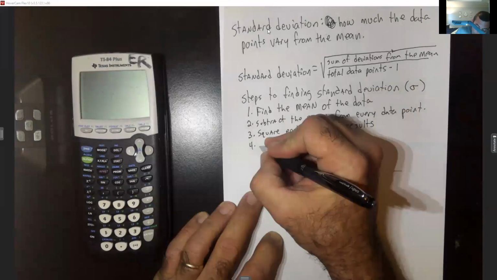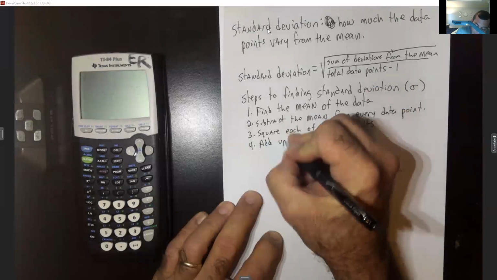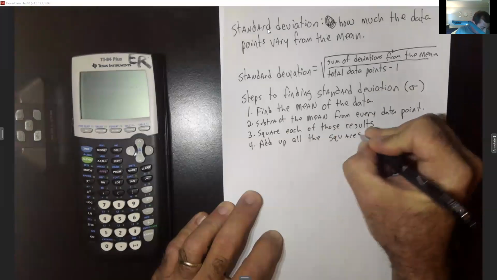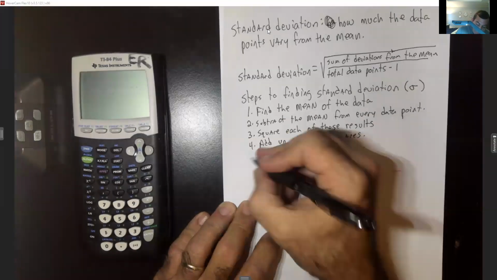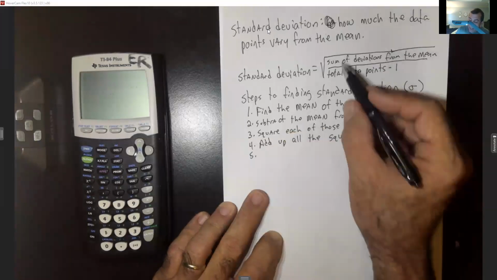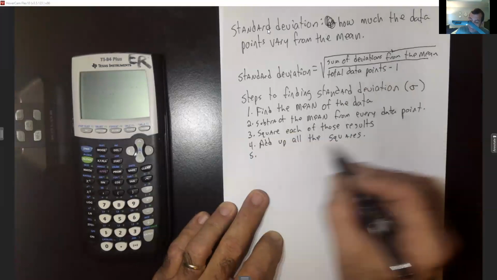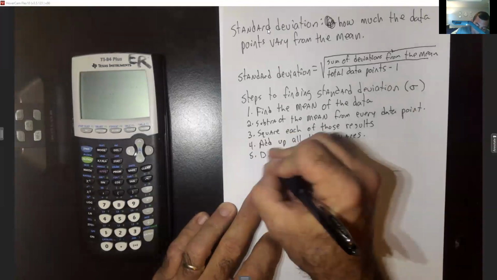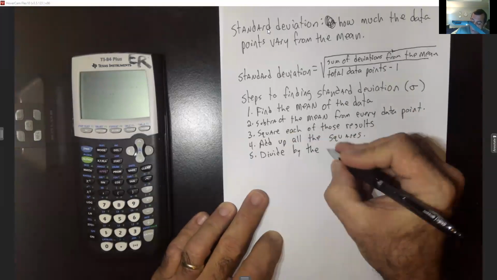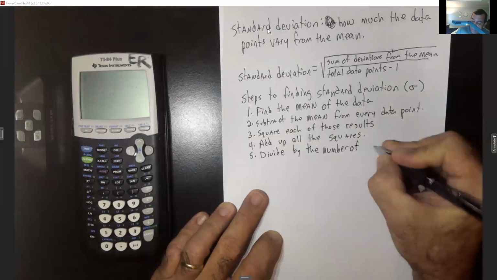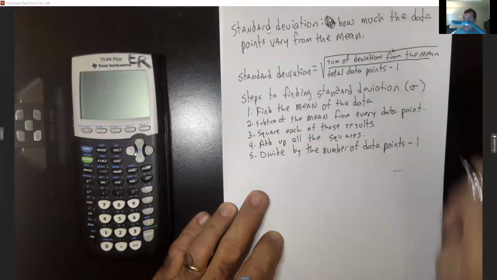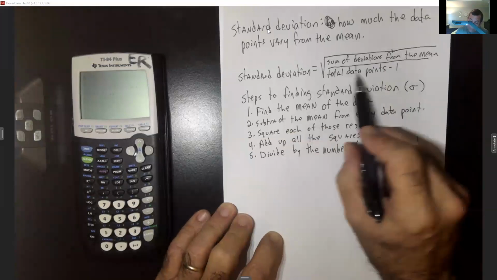Then I'm going to add up all the squares we just did. Once I've added all them up, so that's giving me this top part of that fraction now. Once I add all them squares up, then I'm going to divide by the number of data points minus 1. That's the data points minus 1.